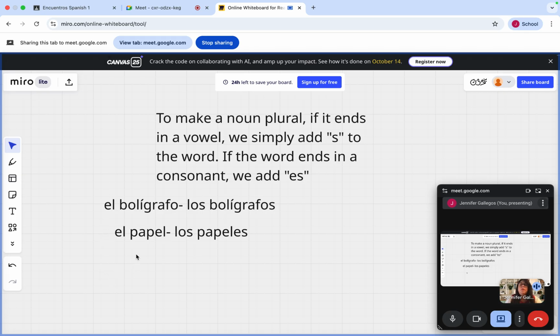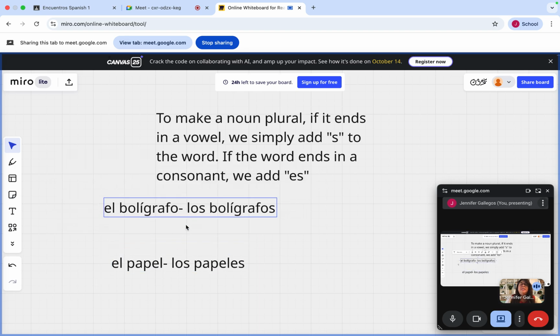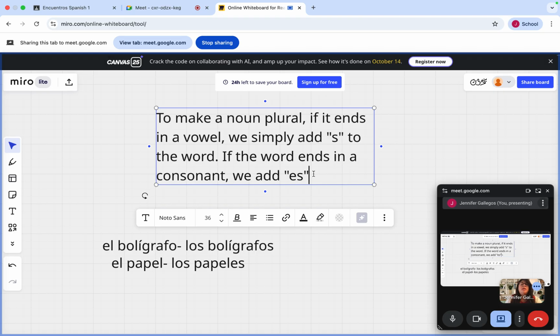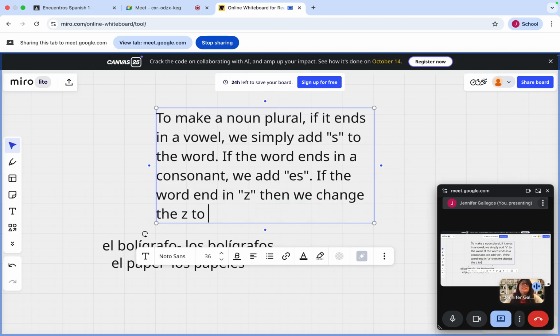There's just one more little part to this that we need to go over, and that is what if it ends in a Z. If the word ends in Z, then we change the Z to C and then add ES.